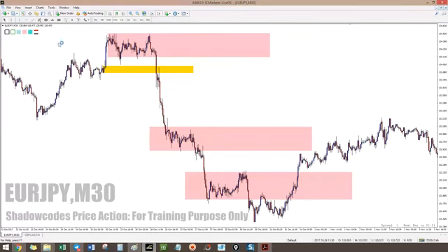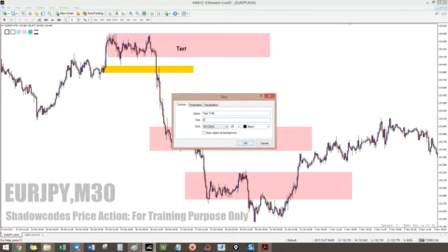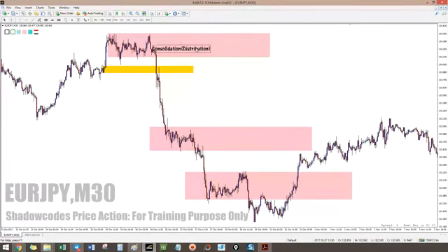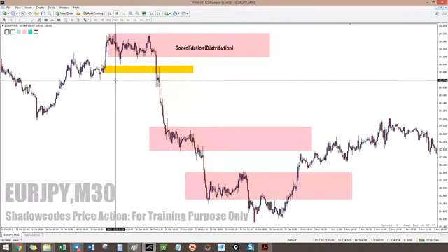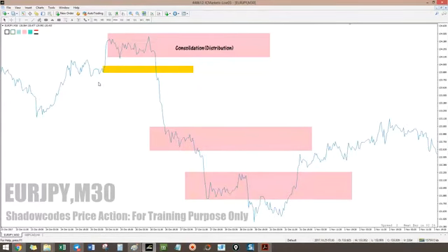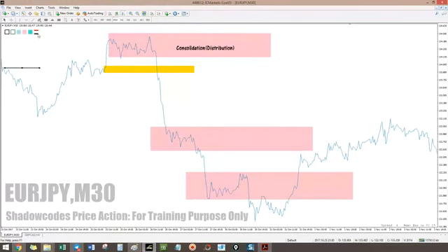Okay, you want to know, over here, price already did consolidation, or in this case distribution. So the market just started its move here, and then you already enter here because it already broke the swing. It's already broken, right? So the structure already broke here. Over here already has a structure breaker.